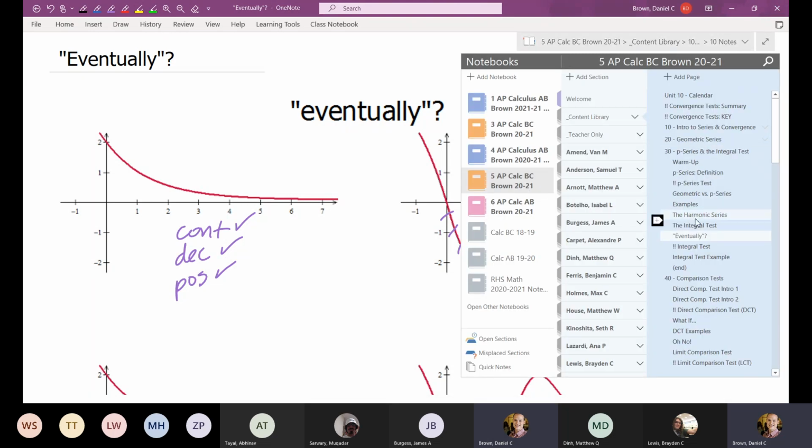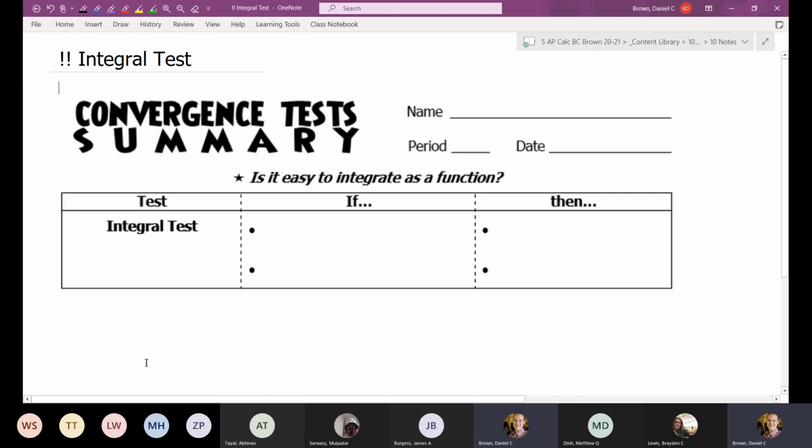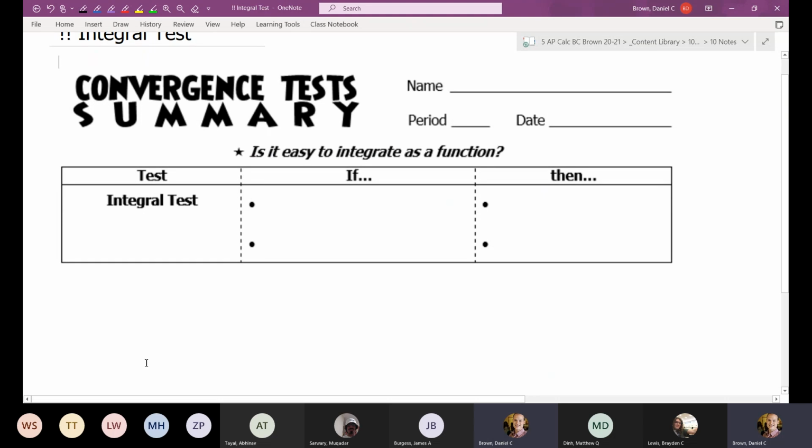To summarize the test, and again, we'll do this for each of the tests that we have. For the integral test, your function f of x has to be continuous, positive, and decreasing eventually. And this one will have two things that can happen. You're going to look at the integral.